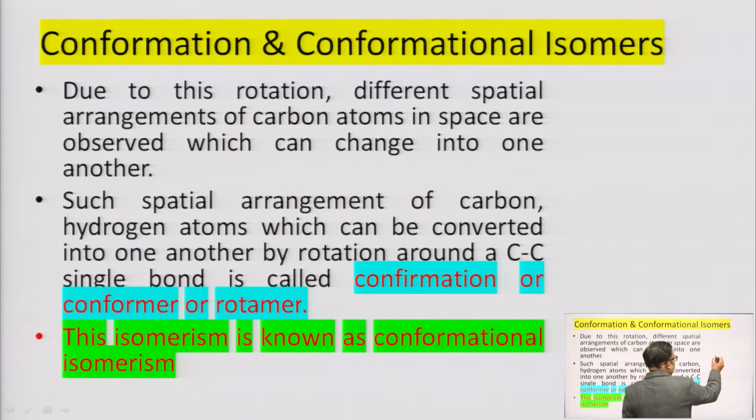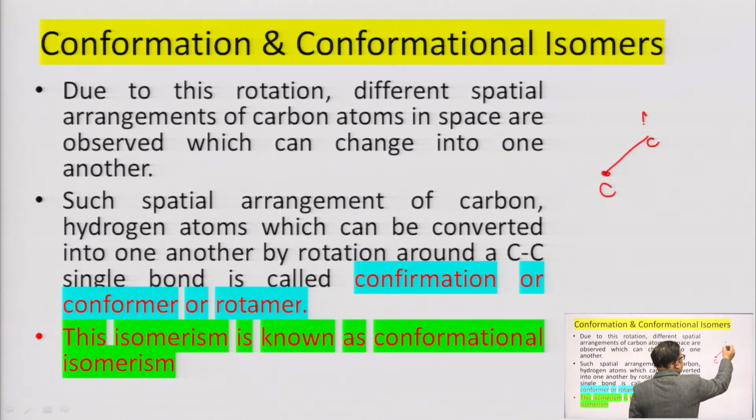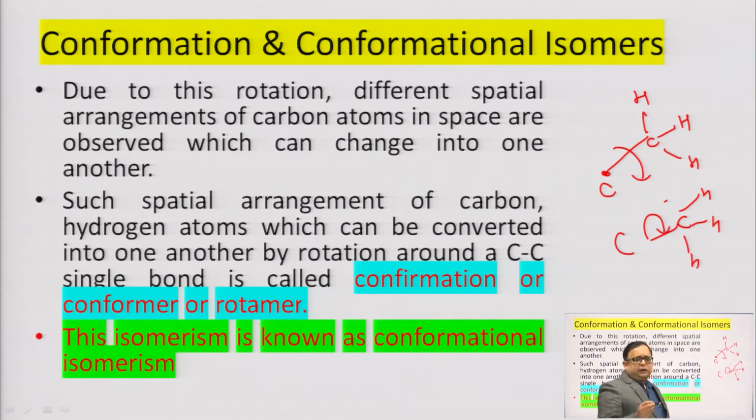If I assume this carbon and another carbon, and it is rotating, the position of hydrogen will change as it rotates continuously, and it can complete a circle of 360 degrees.